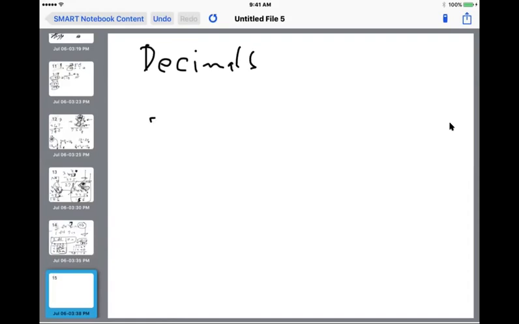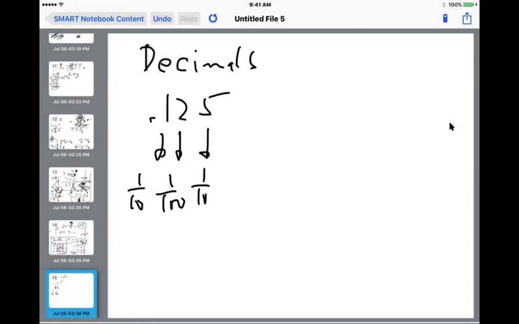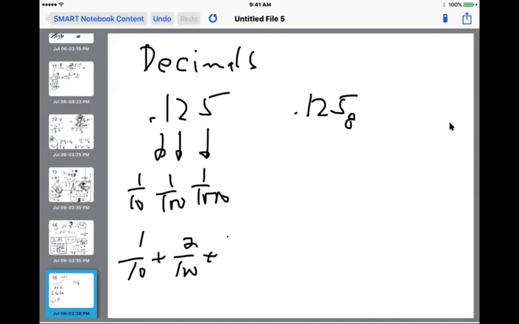In base 10, 0.125, the 1 stands for tenths, the 2 stands for hundredths, and the 5 stands for thousandths. Well, you can have decimals in other bases. Oh, and by the way, 1/10 plus 2 over 100 plus 5 over 1,000 is 125 over 1,000, which reduces to 1/8.